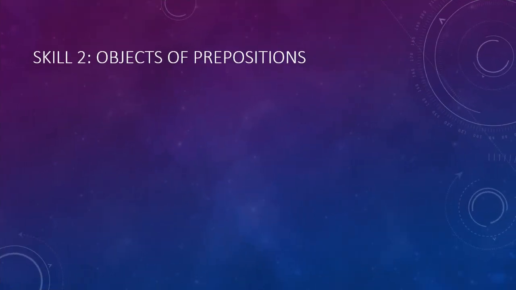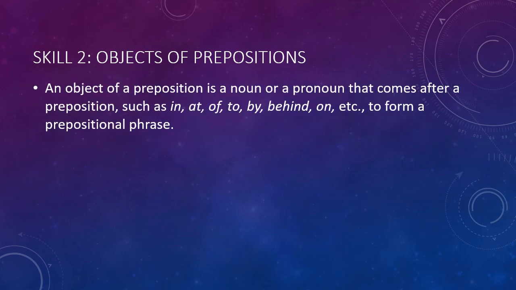Okay, let's take a look at skill number 2, which is objects of prepositions. So what is an object of a preposition? An object of a preposition is a noun or a pronoun that comes after a preposition. You know what prepositions are, right? We have in, on, at, of, to, by, behind, under, and so on.